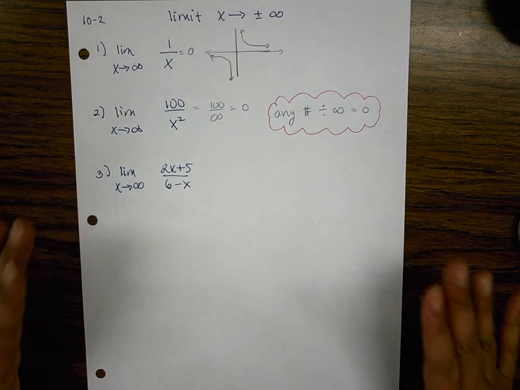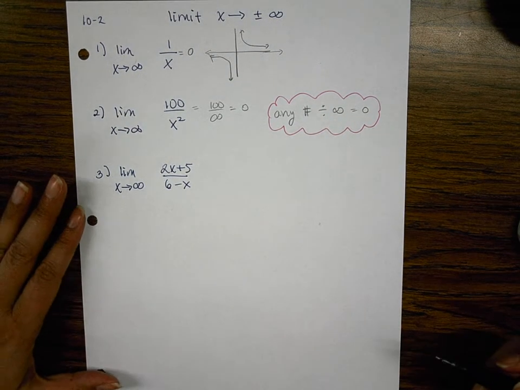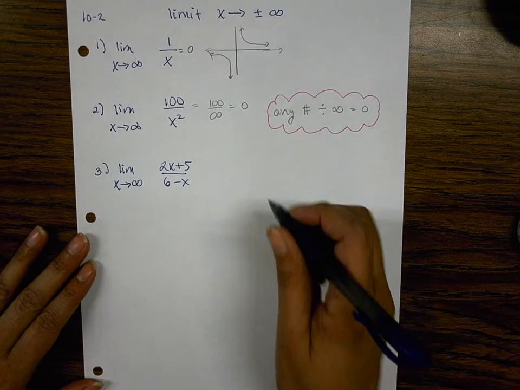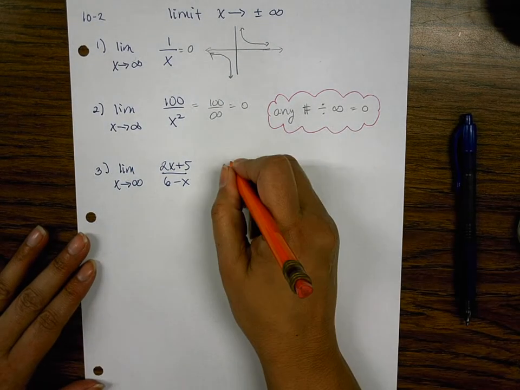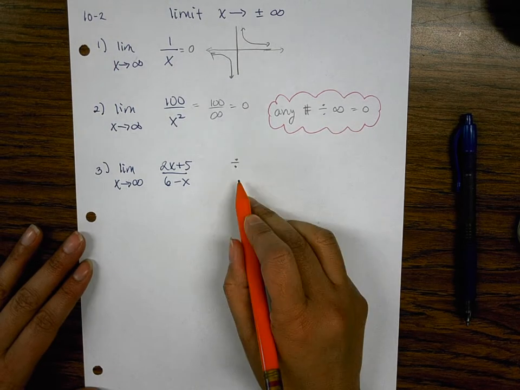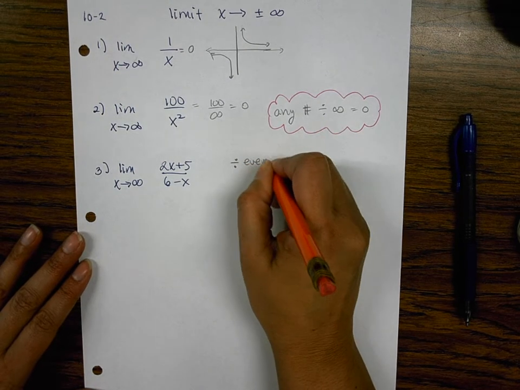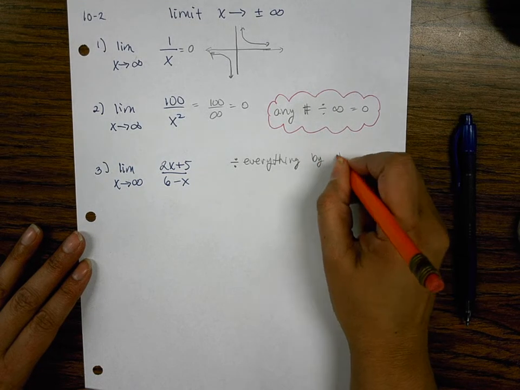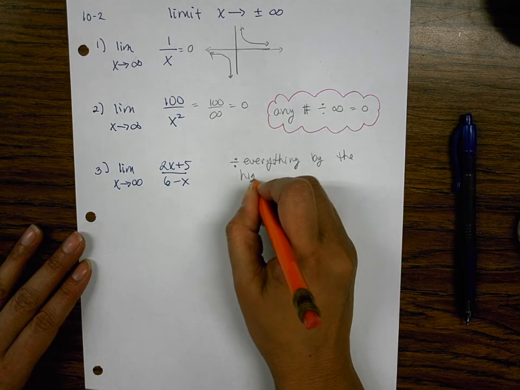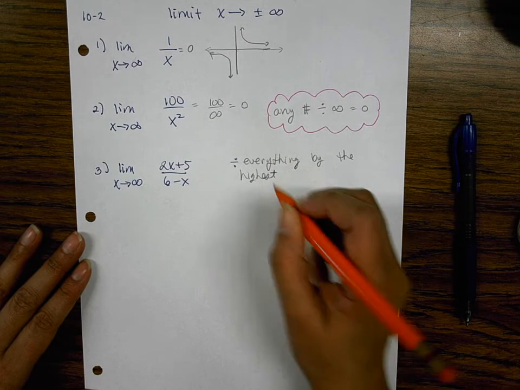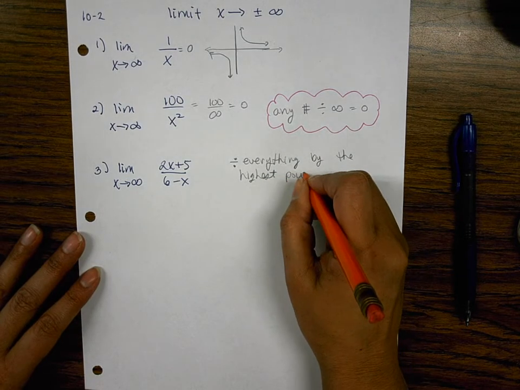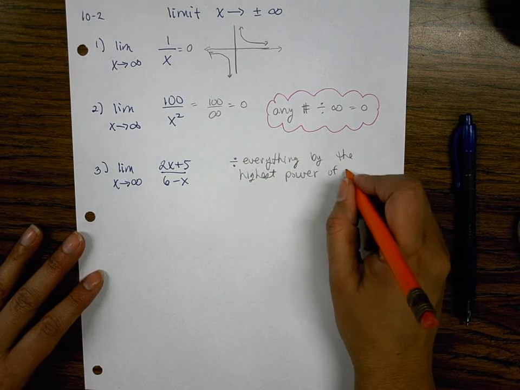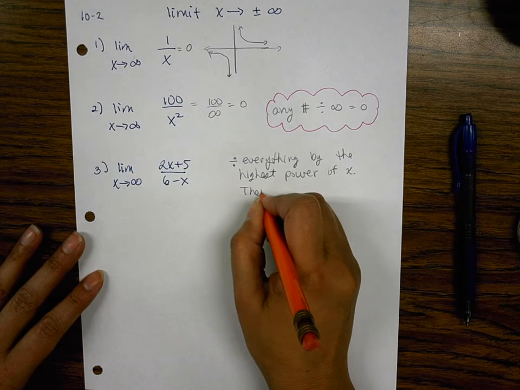So what you're going to do when you get to these type of problems, and you would even do it up here and it's going to work out the same, let me write it down, the steps, the rules are going to be: you will divide everything by the highest power of x, then take the limit.